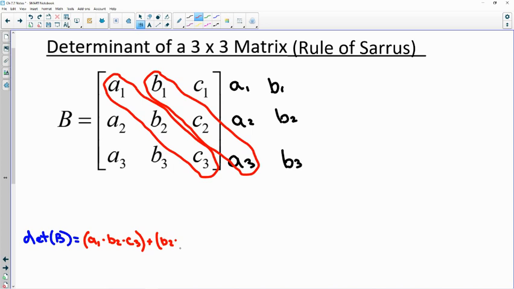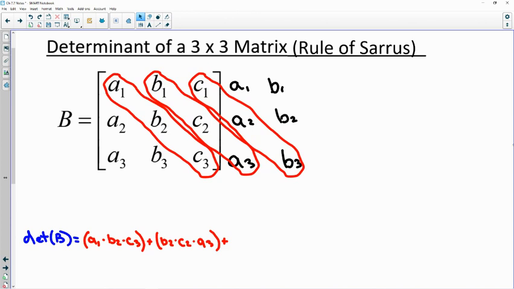B2 times C2 times A3, plus, and there's one more down diagonal right here: C1 times A2 times B3.